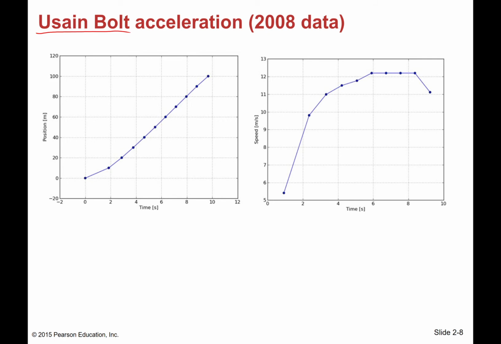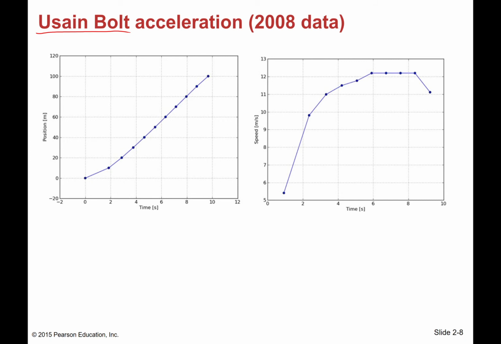I hope you know who he is. He just retired, and this is data from 2008. Here we have the position versus time graph for a 100-meter run, and here we have the velocity versus time graph, or speed versus time, for the same run.